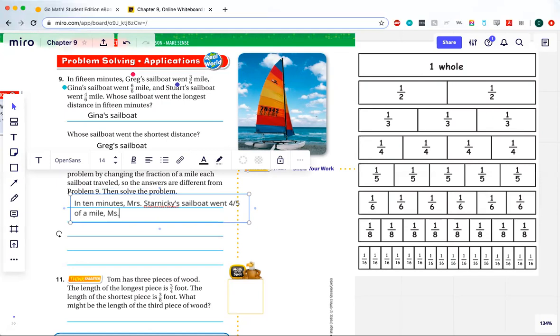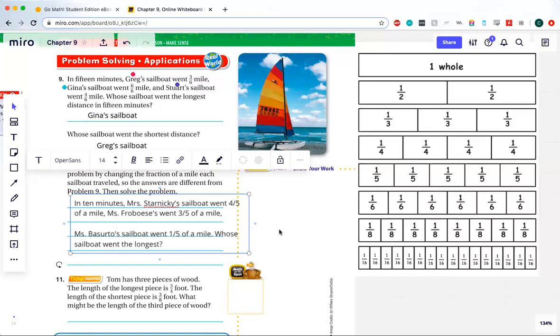Mrs. Frobo's went 3/5 of a mile. And who should be my last person? How about we do Miss Basurdo? And Miss Basurdo's sailboat went 1/5 of a mile. Okay, whose sailboat went the longest?